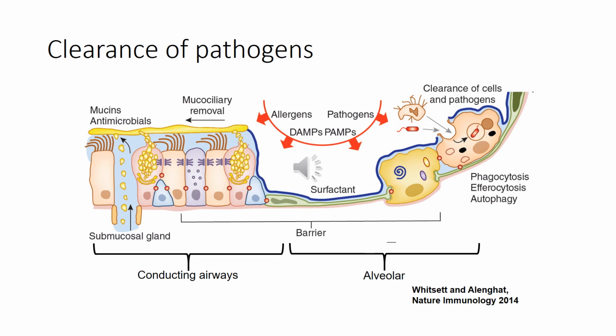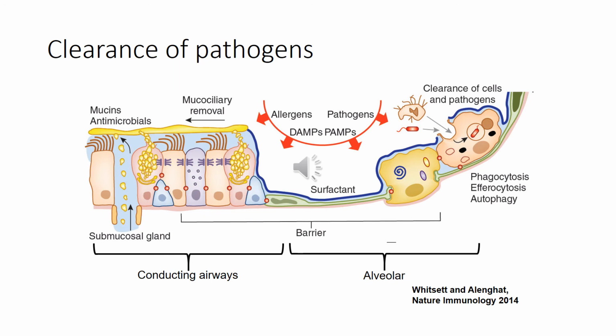So the immune system in the airways can be activated by allergens, DAMPs, which are damage-associated molecular patterns, PAMPs, which are pathogen-associated molecular patterns, or directly by pathogens. The patterns are recognized by the pattern recognition receptors, which we'll talk more about tomorrow, and they are expressed on respiratory epithelial cells as well as on immune cells.